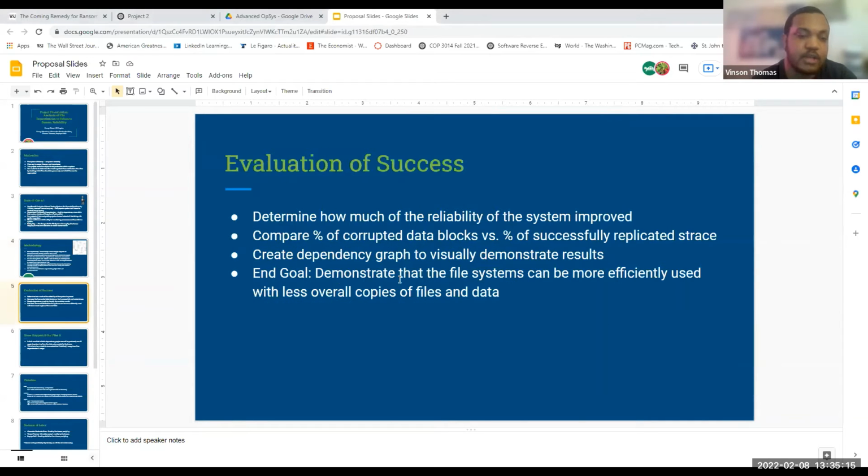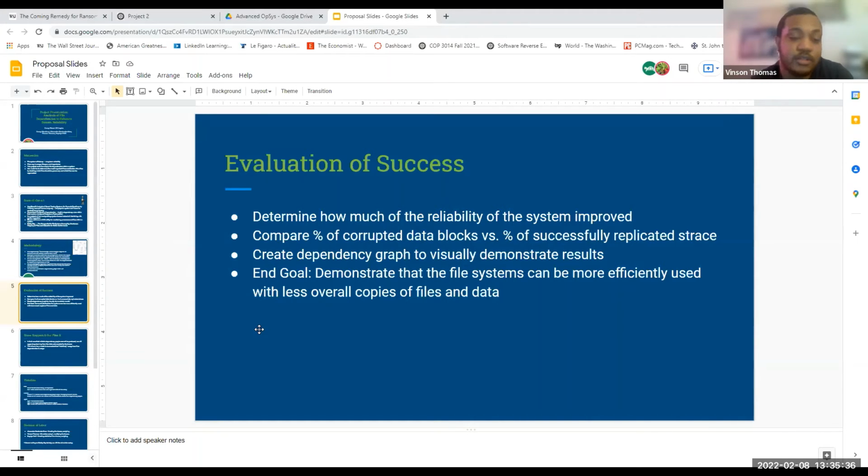And then for our evaluation of success, we're going to determine how much the reliability of the system has improved, compare the percentage of corrupted data blocks versus the percentage of successfully replayed straces, and create a dependency graph to visually demonstrate the results.